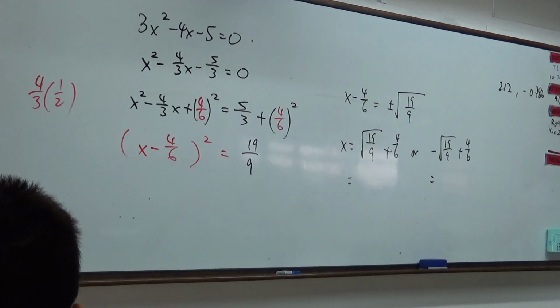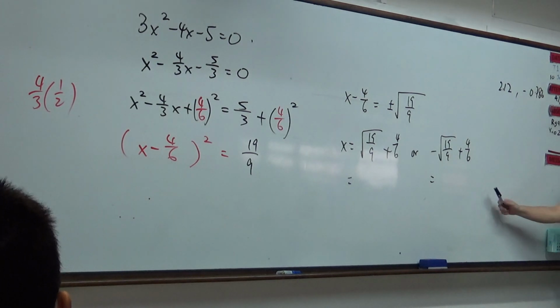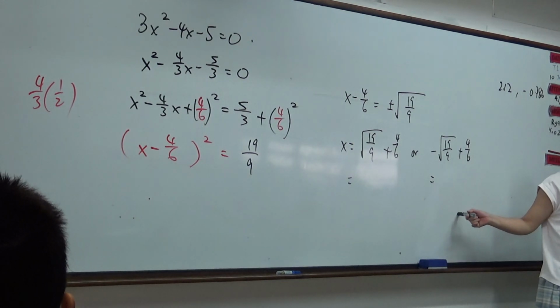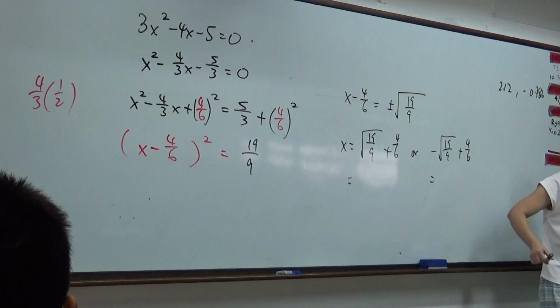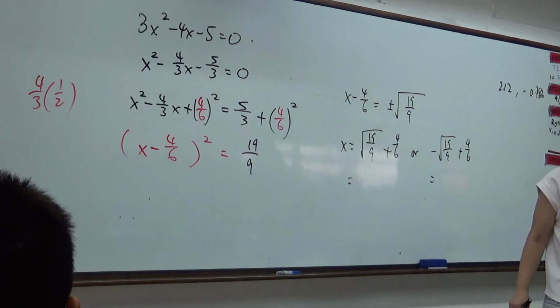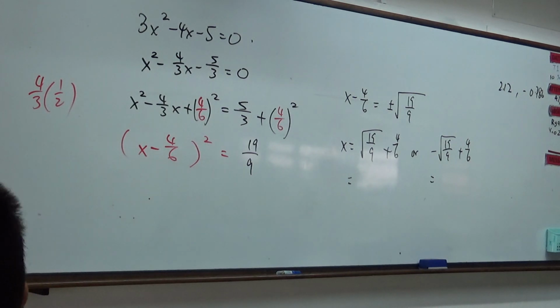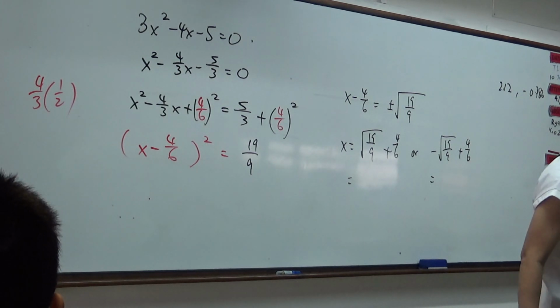Is the answer the same? You get a 2.12 and negative 0.786. Okay, so this is how you do it by completing the square. Everybody clear? What is the first thing that you must do? Make sure the coefficient of x squared is 1. Okay? Everybody clear? This is how we work. Those who need to take it down, take it down now.